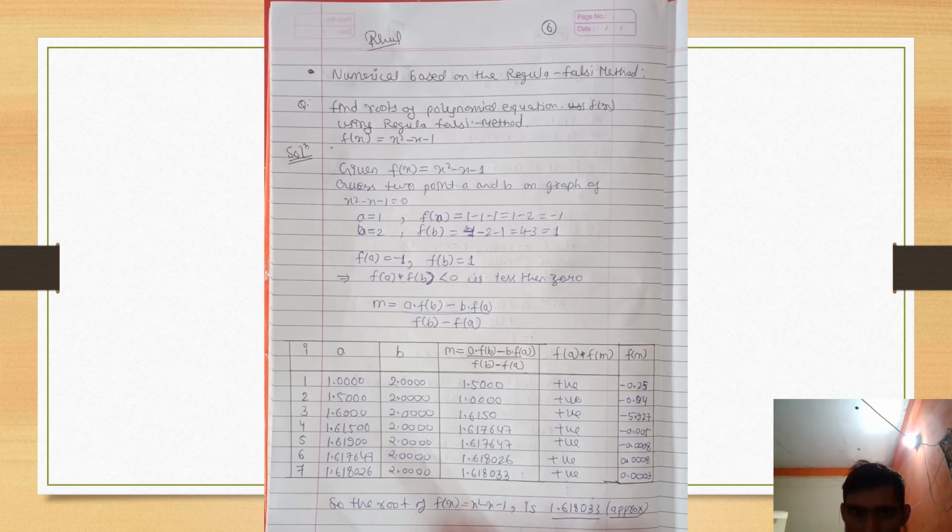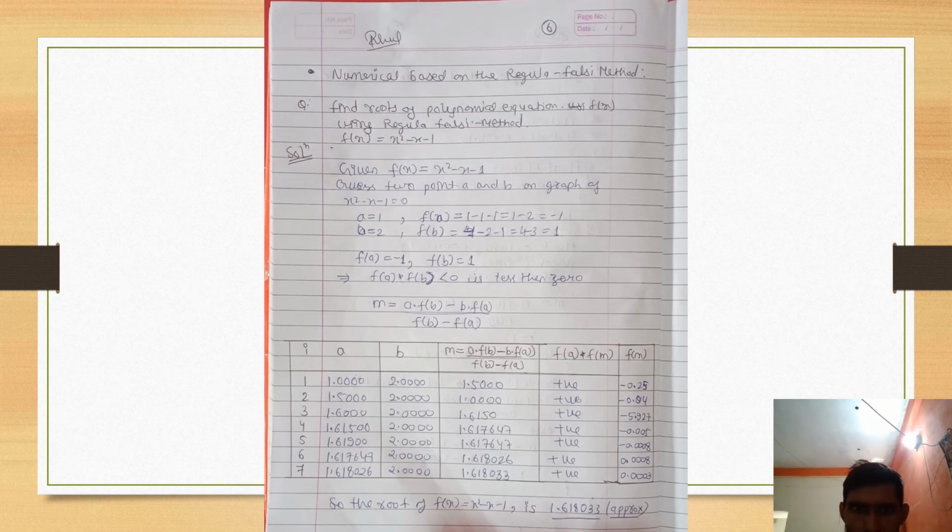The values of f of a and f of b are of opposite sign. That means that the function cuts the x-axis between the points. Now f of a into f of b should be less than 0.